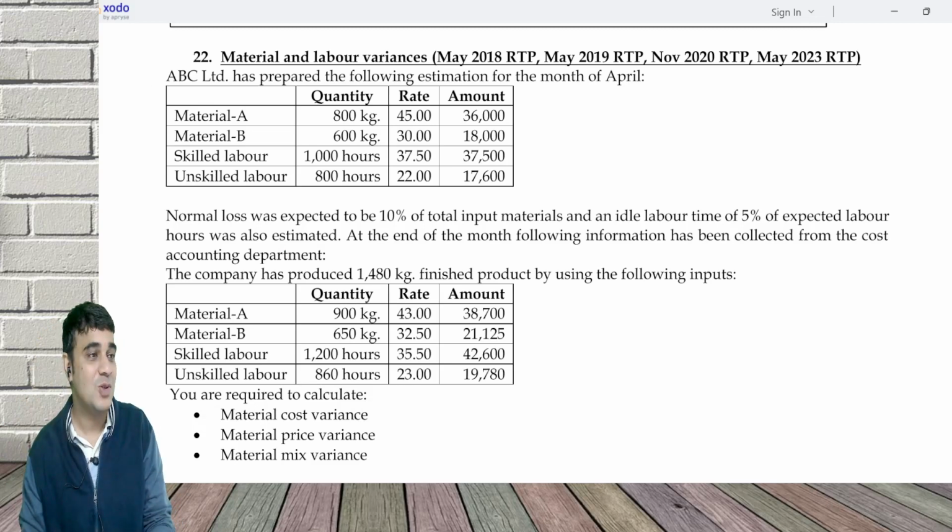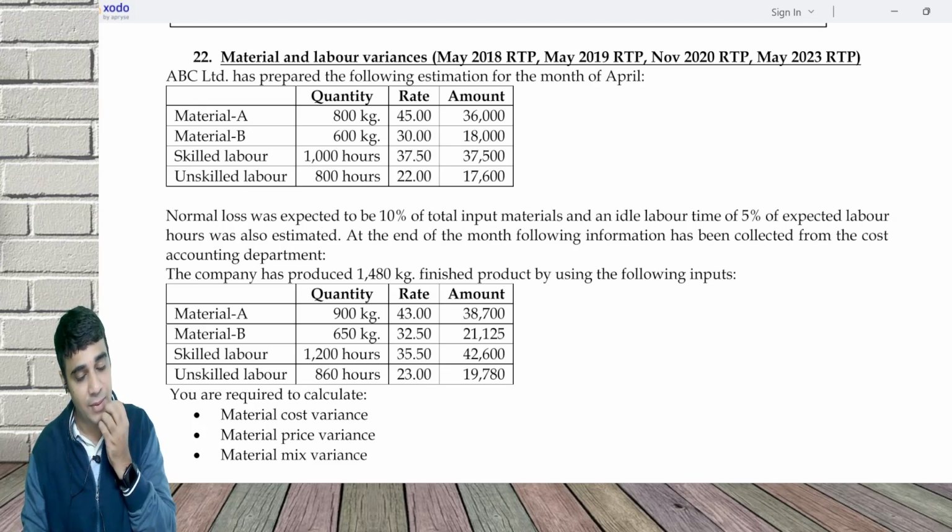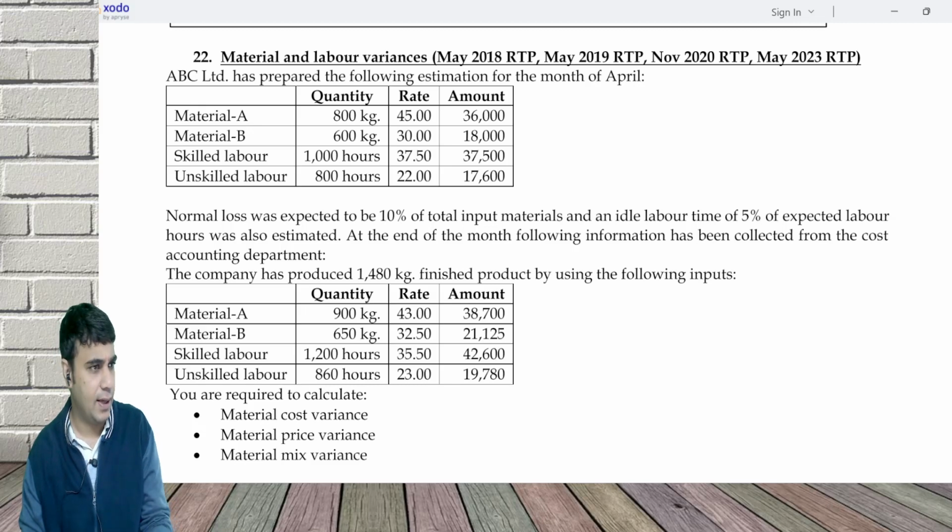So we're going to start with material variances. Single material, multiple material. Multiple material. Labor is where some tricky part is there. So start with material variances. Complete the calculation: SP into SQ, SP into RSQ, SP into AQ and AP into AQ. SP and AP is directly given. AQ is also directly given.